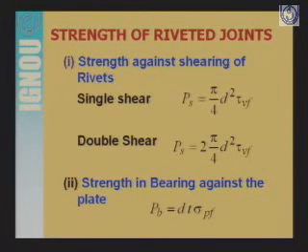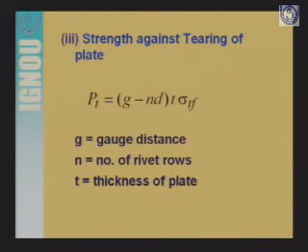Another strength is strength in bearing against plate, which, as we just now studied, Pb we can calculate as d into t into sigma pf. Third is strength against tearing of plate.